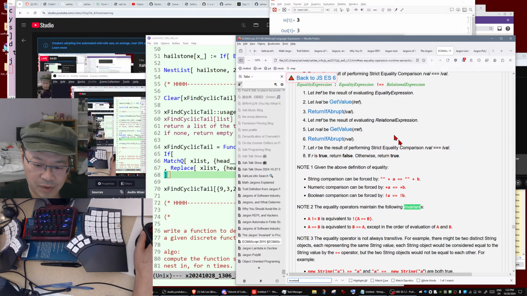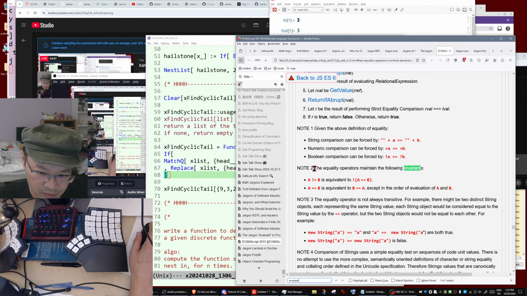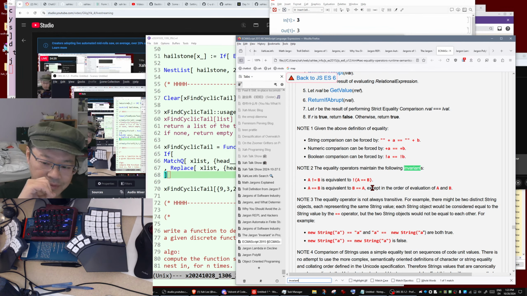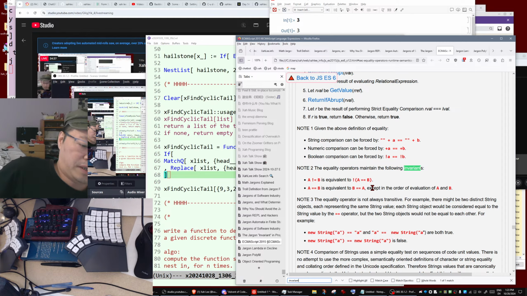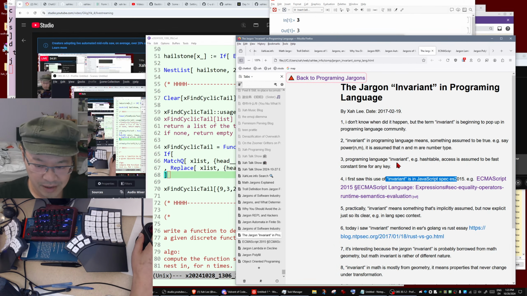Anyway, here's a mention of invariants. Note 2. The equality operators maintain the following invariants. A not equals B is equivalent to not (A equals B), and A equals B is equivalent to B equals A. They call it invariant. So invariant just means what I described here.